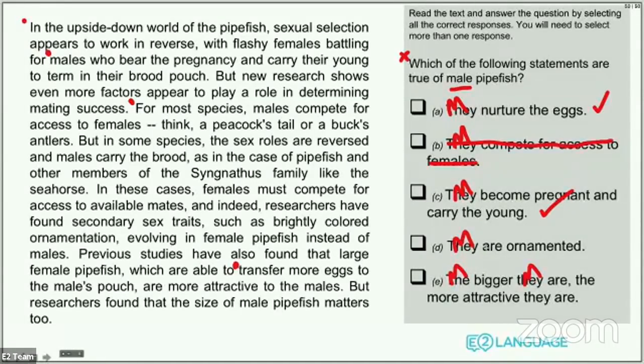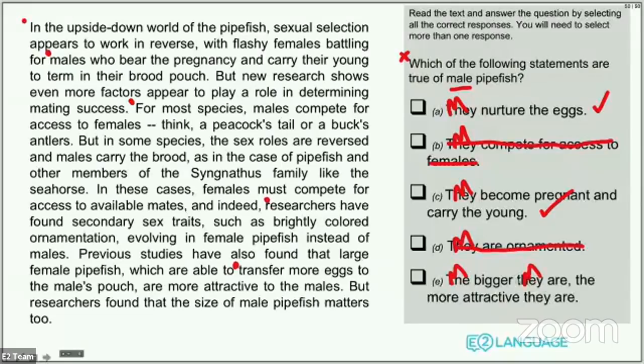Males are ornamented. Okay, here it says, researchers have found secondary sex traits such as brightly colored ornamentation evolving in female pipefish instead of males. So no, males are not ornamented. So far we've got A and C. What about E?